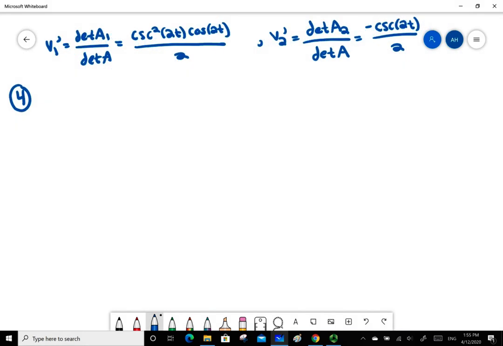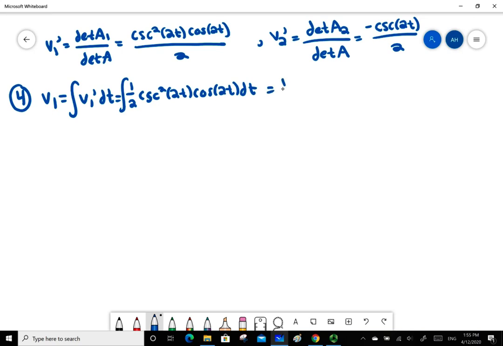Now we need to integrate to find v1 and v2. v1 is the integral of v1' dt, so the integral of 1/2 csc²(2t) cos(2t) with respect to t, which equals 1/2 the integral of cos(2t) over sin²(2t) dt. This integral can be evaluated using substitution.